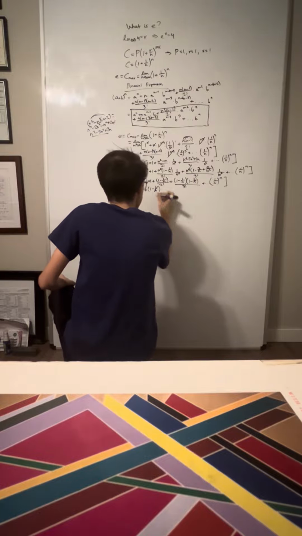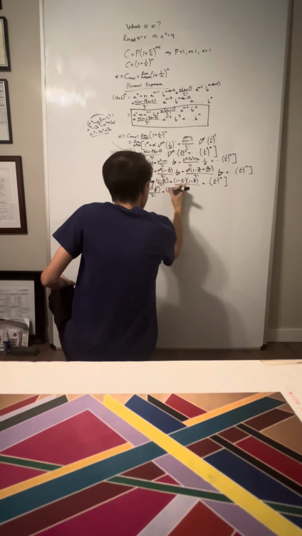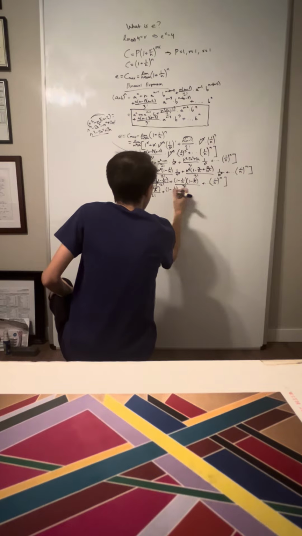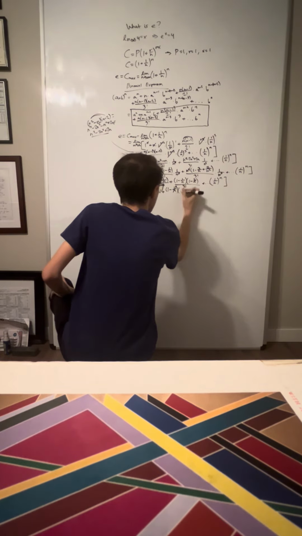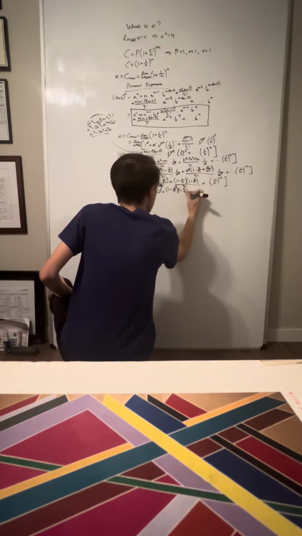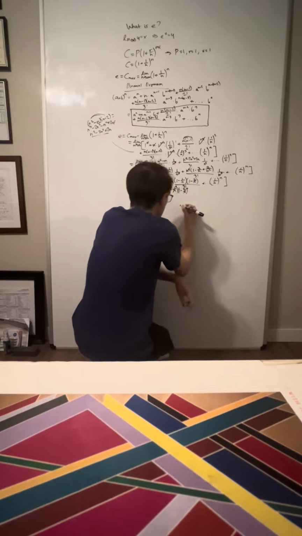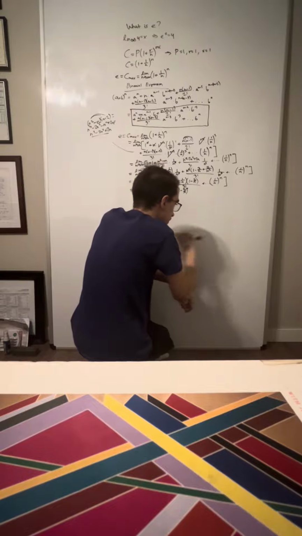So this goes to 0 over 2 factorial plus 1 minus 1 over n, and remember that goes to 0 as well, times 1 minus 2 over n, that goes to 0 as well. There's 2 over n, 1 over n, 3 over n.